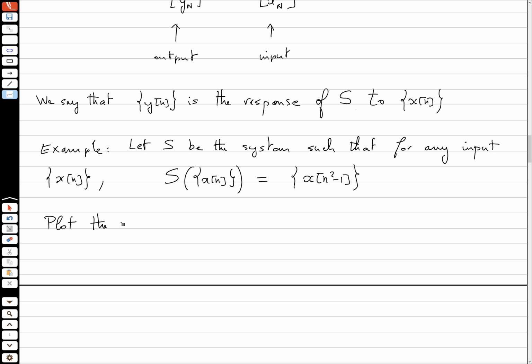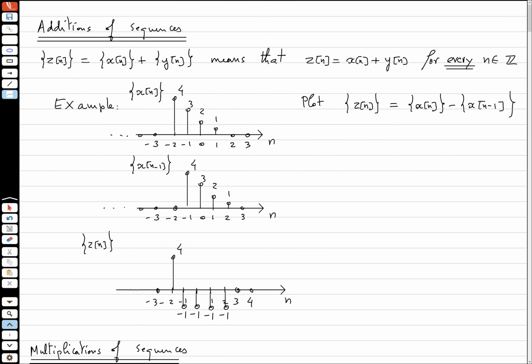the response of S to x of n, or, you know, I always like to recycle my examples.